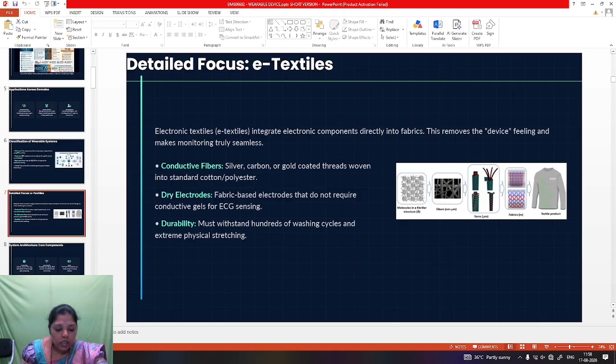The main requirement is durability, because the textiles should withstand washing and stretching. Conductive fibers, such as silver or carbon coated threads, are woven into standard cotton or polyester. Next, textile electronics: fabric-based electrodes that require no conductive gels for ECG sensing. Durability: they must withstand 100 washing cycles and extreme physical stretching.